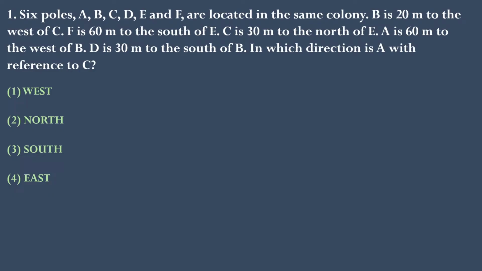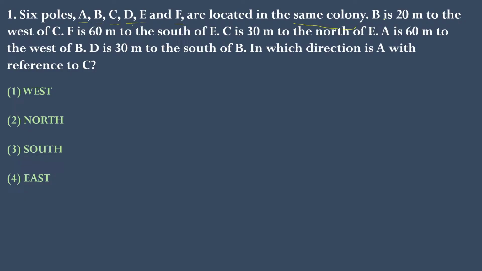Okay, sorry for interruption. See the question here. Six poles A, B, C, D, E and F are located in the same colony.